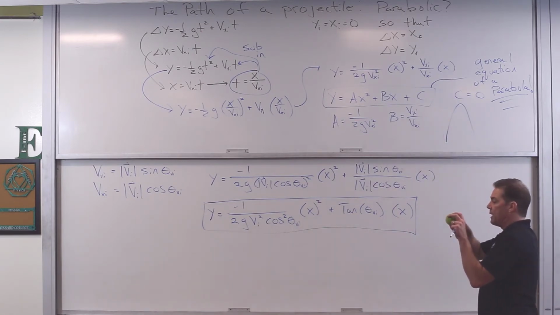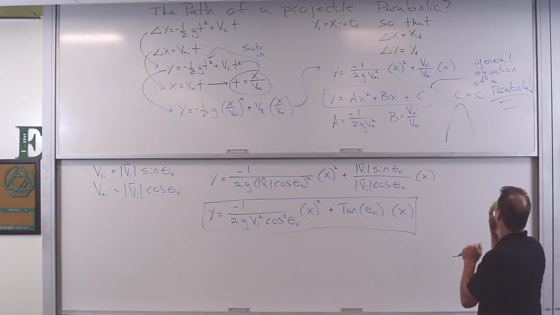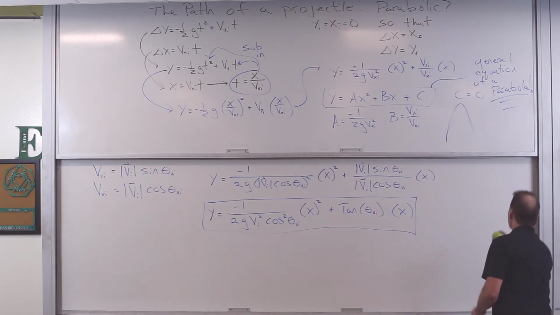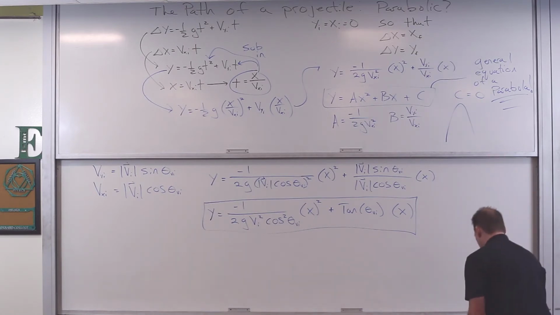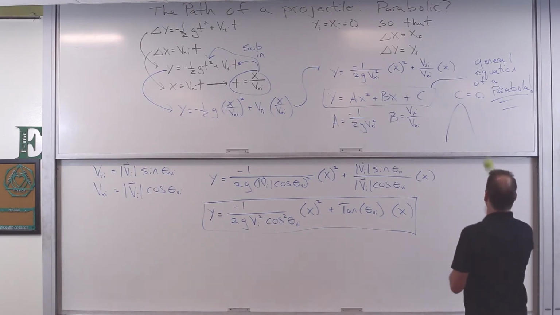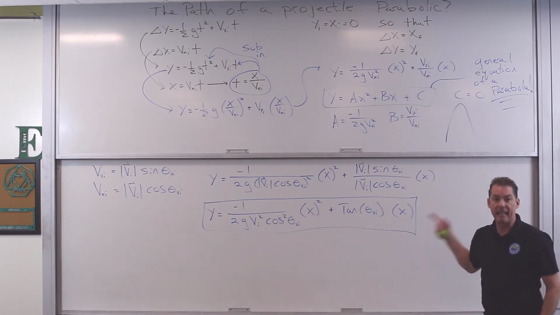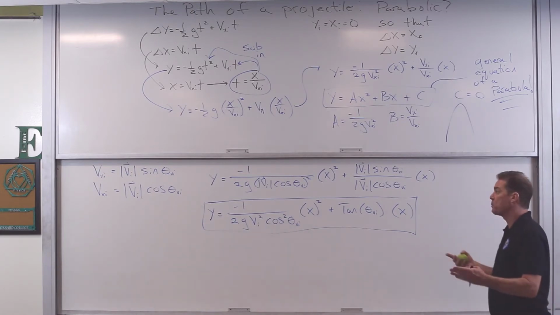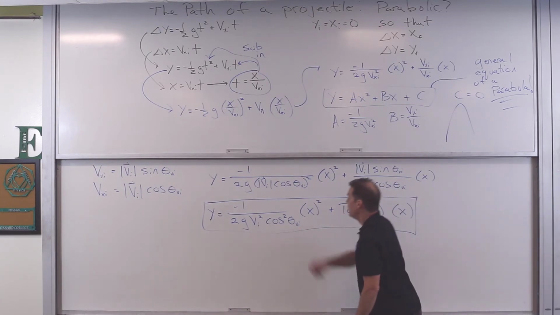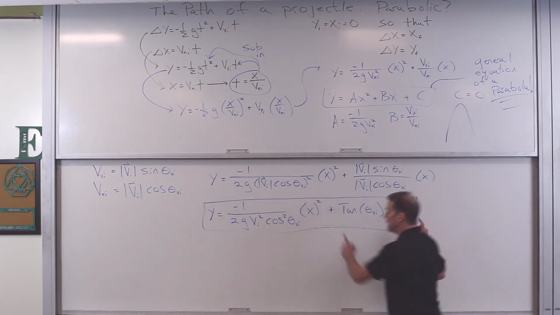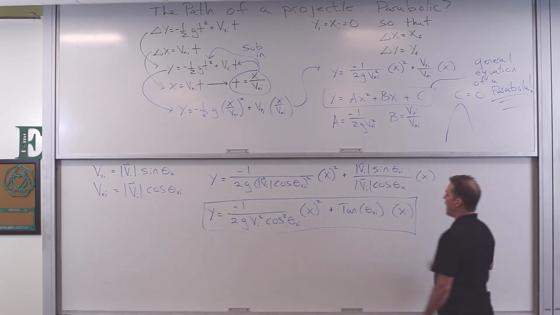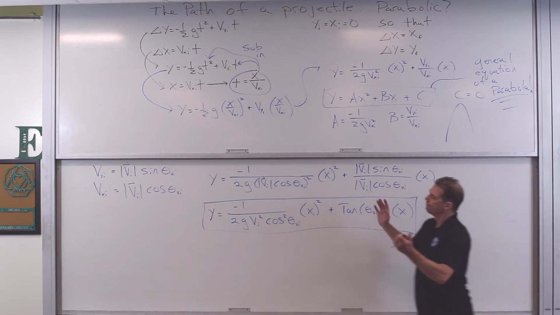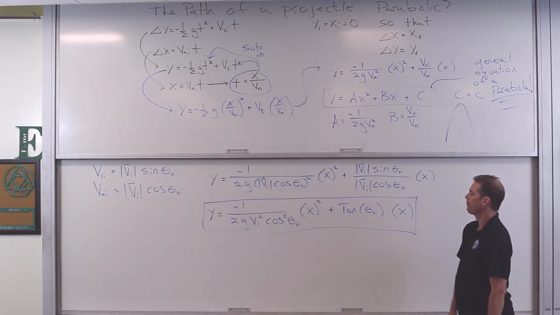When I throw it from right here at a certain angle, like 45 degrees, how hard do I have to throw it? If I don't throw it hard enough, it doesn't get there. If I throw it too hard, it hits up above it. If I throw it just right, it hits the spot that I want it to. There's a certain speed for a given angle that produces a certain displacement in the x and y directions. So it comes in handy for solving that, and yeah, that's good.